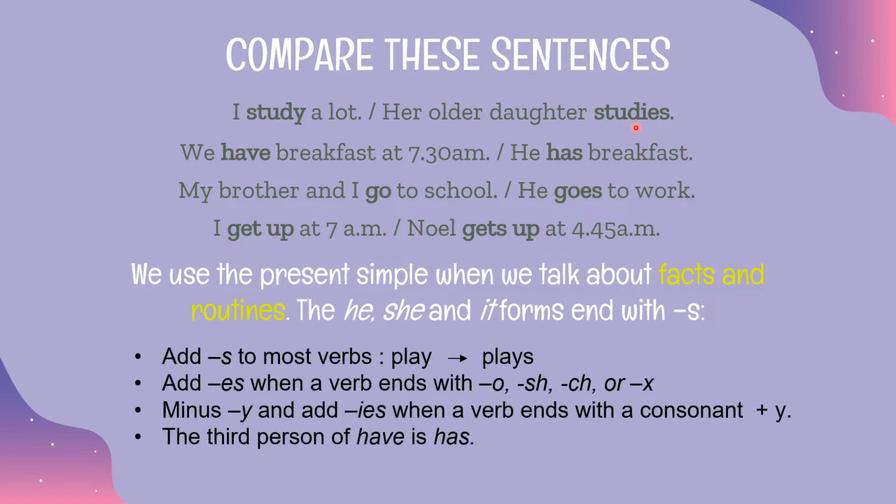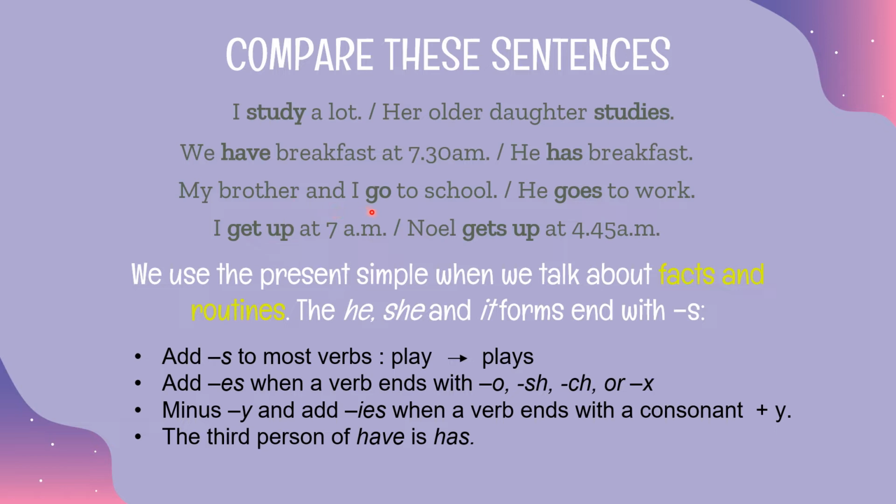Let's look at more details about this. Rule number 1. Add s to most verbs. For example, play. You add s and it becomes plays. Like sentence 4. I get up. In singular form, it becomes Noel gets up. Add es when a verb ends with o, sh, ch, or x. For example, sentence 3.